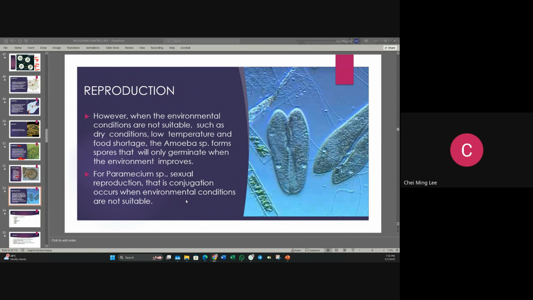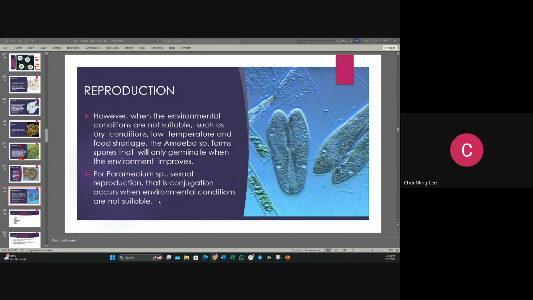environment improves. For paramecium, they will use sexual reproduction, which is conjugation. Means that, you see, two combine into one. Okay, when the environmental conditions are not suitable, you understand? Form spore, they will just keep the minimal organelles inside, and then wrap with a hard shell where it will dry out the cytoplasm to create a hard cover for them.